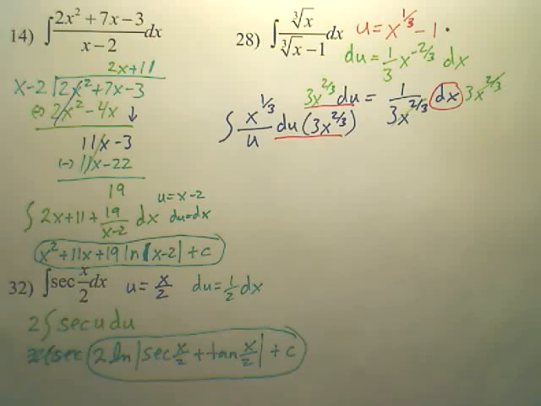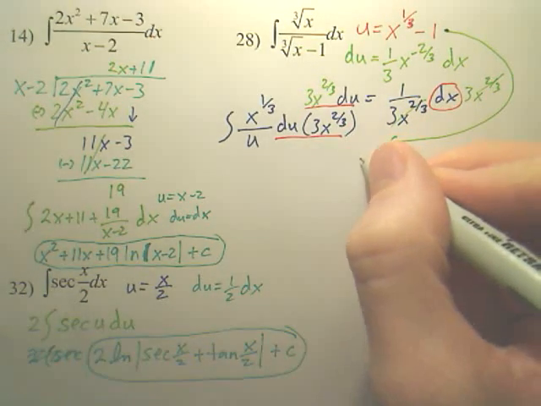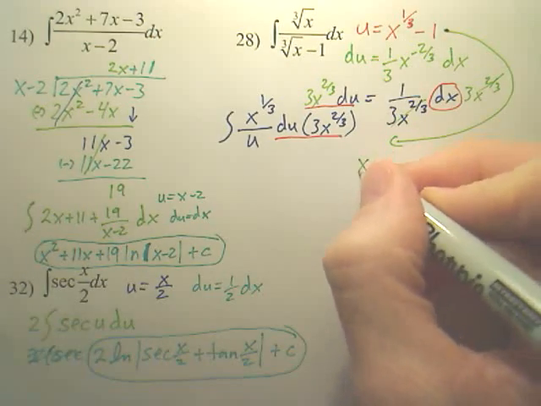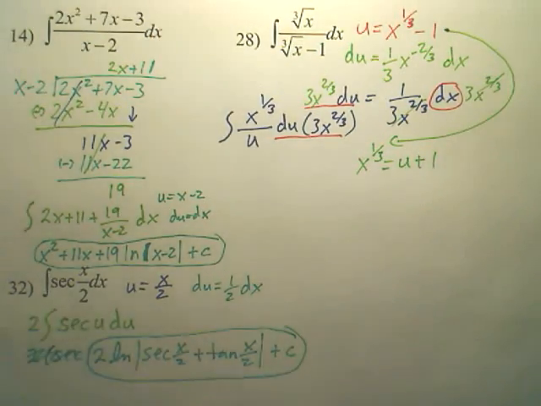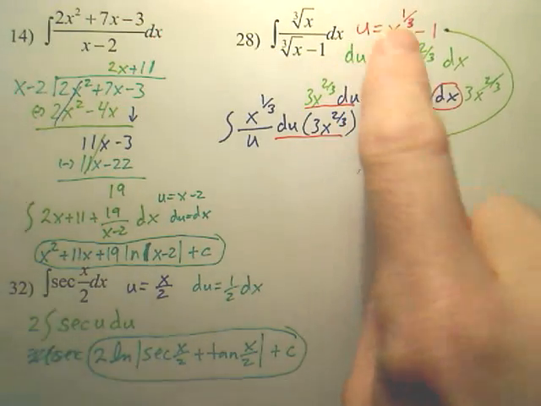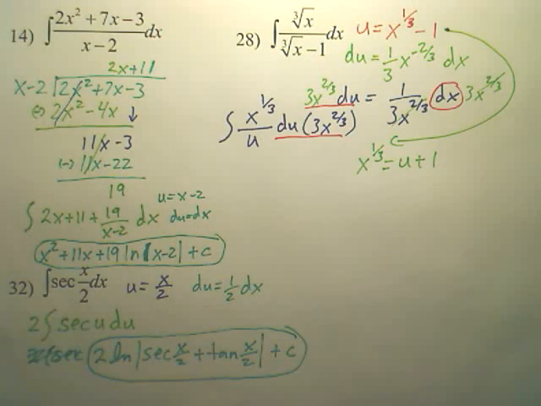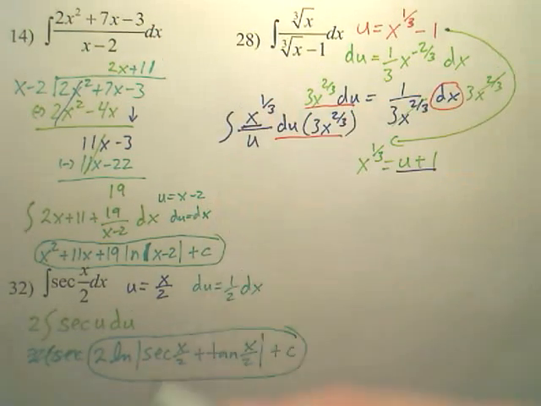And here's the weird thing. I'm going to take this and bring it down here. And I'm going to take this and make it x to the 1/3 equals u plus 1. Is that okay? I added the 1 over to the u. Now, could I go and replace this right here?